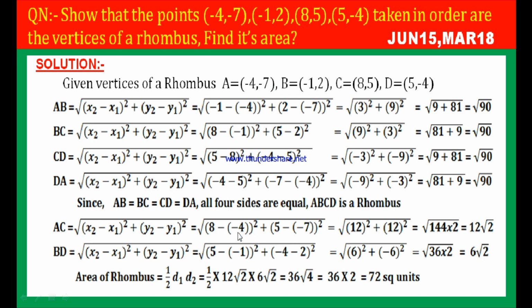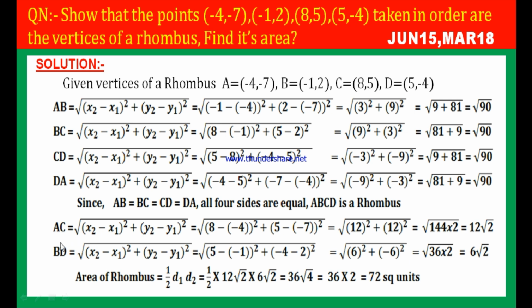This is 8 minus of minus 4 is plus 4, 8 plus 4 is 12 whole square, 5 minus of minus 7 is plus 7, 5 plus 7 is 12 whole square. 12 square is 144 plus this is again 144, this is 2 into 144. Root over 144 is 12 root 2 units. This is the length of the diagonal AC.